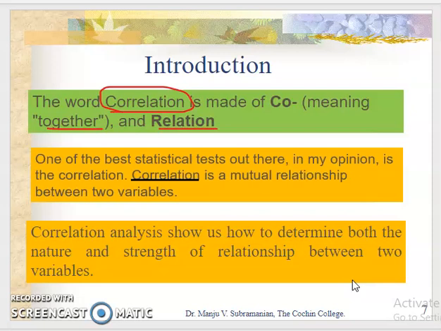Any quantitative or qualitative variable which is varying is called a variable, and the relationship between these variables can be measured. Correlation is the most widely used method by which we are able to find the relationship between variables, within the variable and between the variables also.